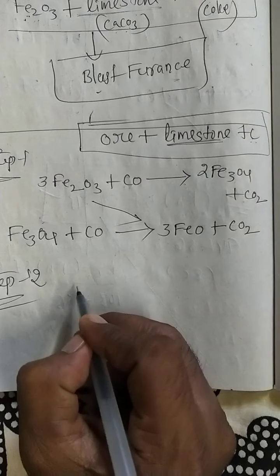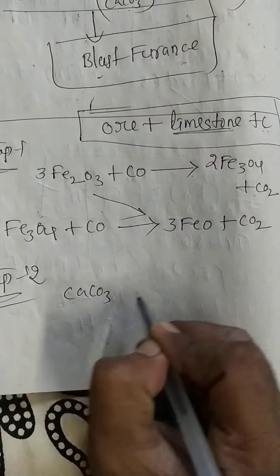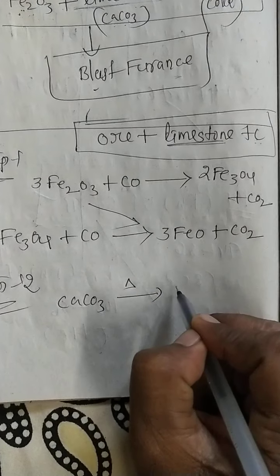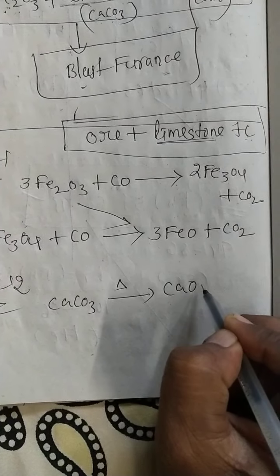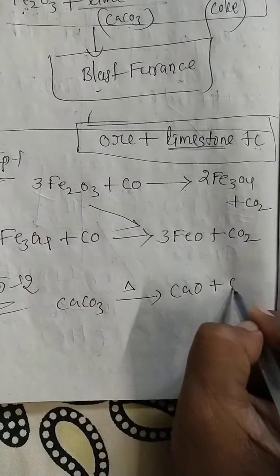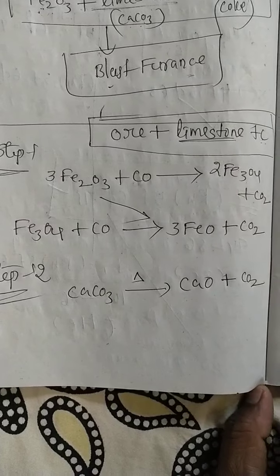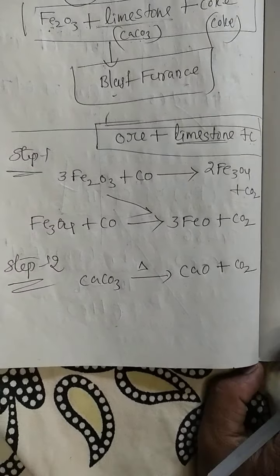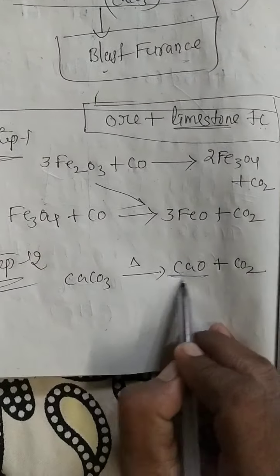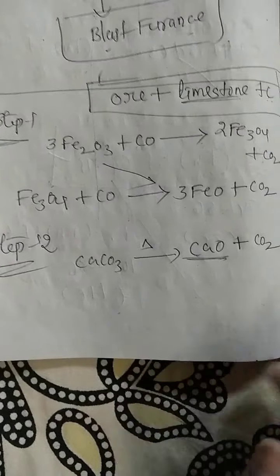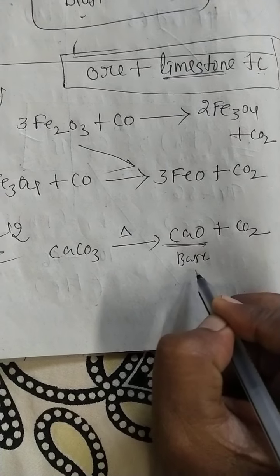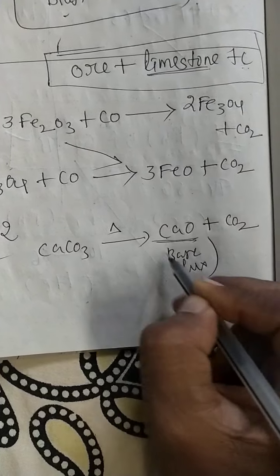Limestone, CaCO3. Inside the blast furnace, CaCO3 decomposes into calcium oxide plus carbon dioxide. See, my dear students, now this calcium oxide acts as a basic flux, not impurities, basic flux.